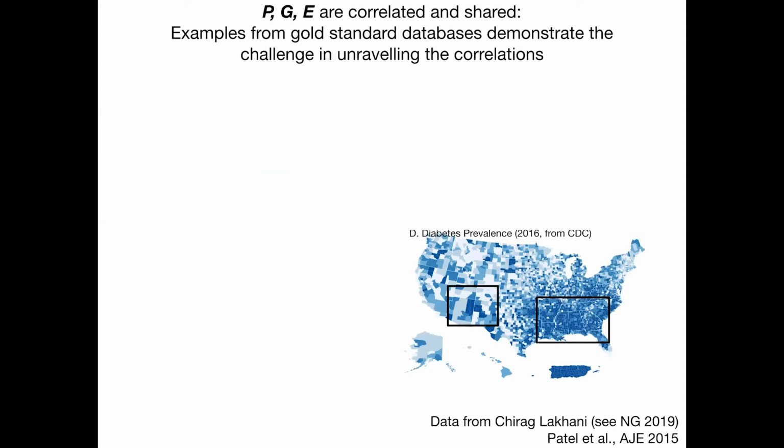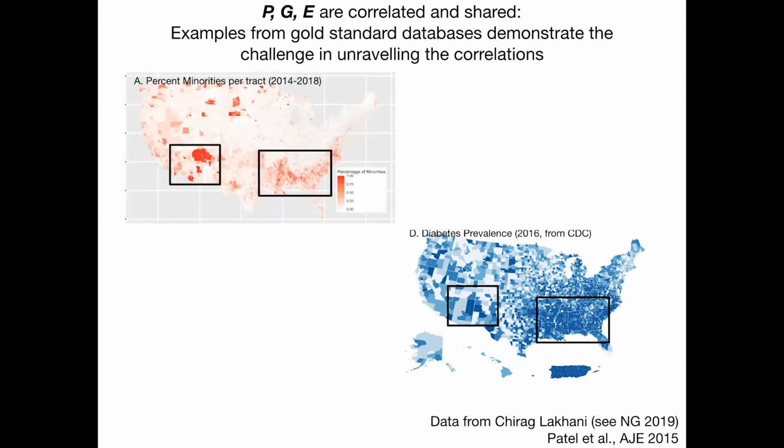So here's an example of a phenotype that we all know and care about, such as diabetes prevalence in 2016. And you can see how the exposures, or I'm sorry, the phenotypes are clustering in different geographies, specific geographies in the South and in certain places in the Southwest. This is also juxtaposed against the genetic contributions or phenotypic manifestations, such as the genetics that make up ancestry, like ethnicity.